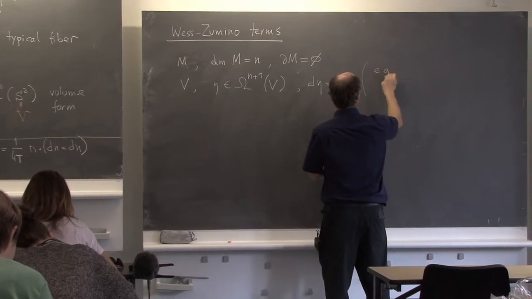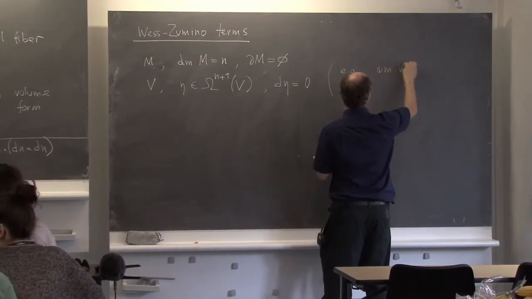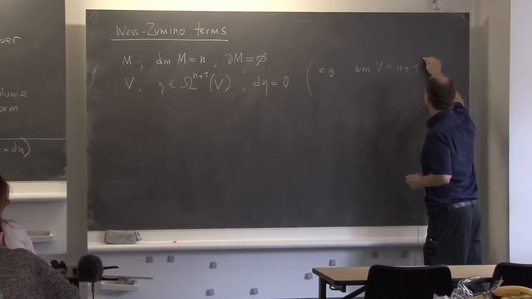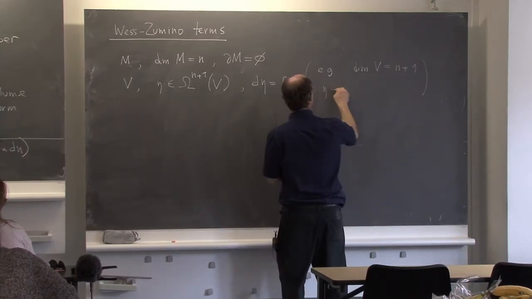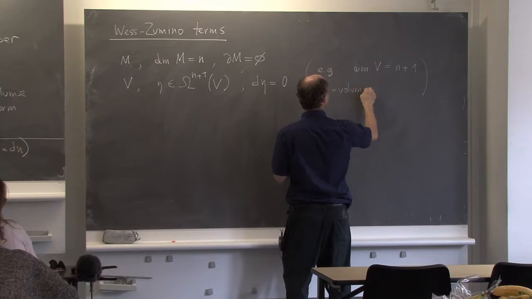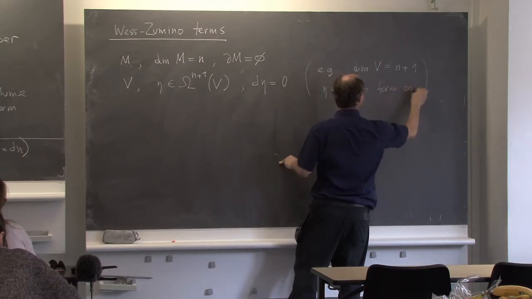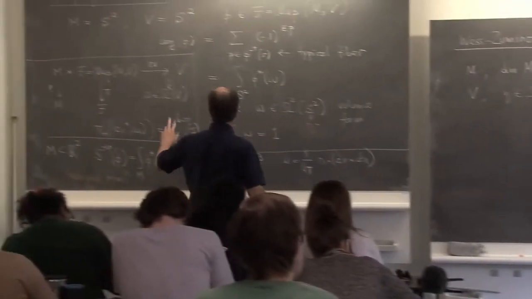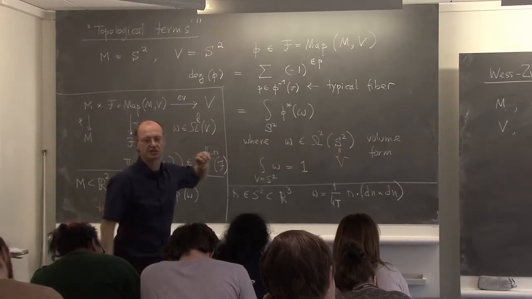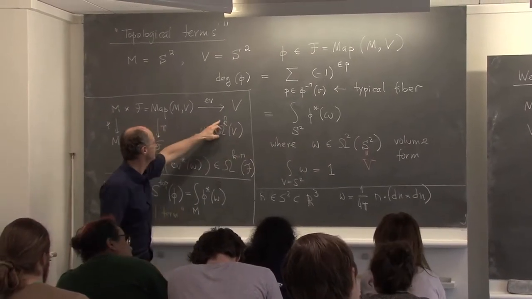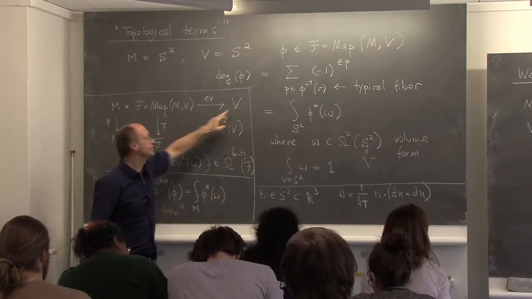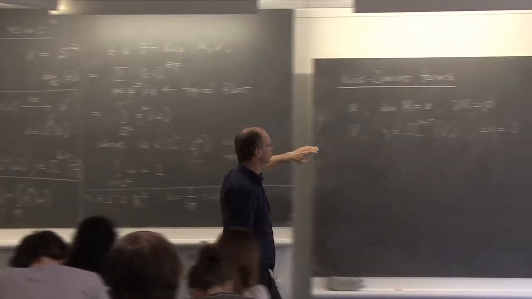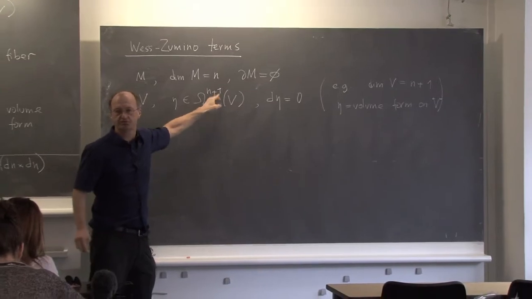For instance, we can say that if the dimension of V is n plus 1 and eta is a volume form on V. So notice here there is a little bit of a difference in the numerology. So here we wanted a form of the same degree as the dimension of space-time. But now, interestingly, we want a form of degree 1 higher.